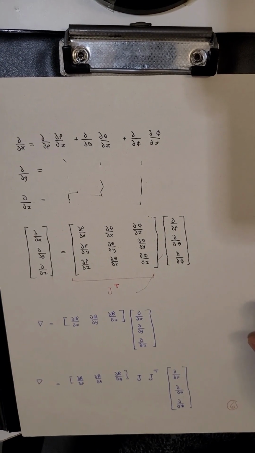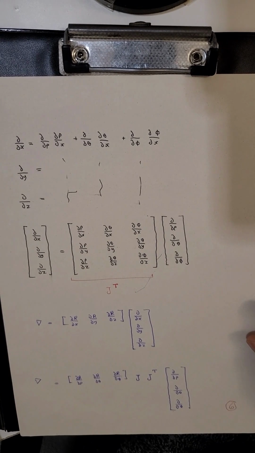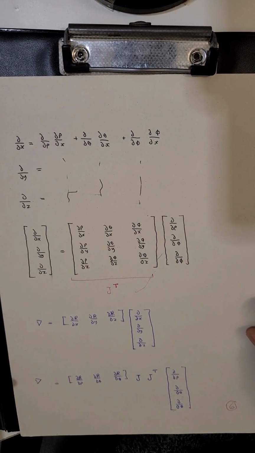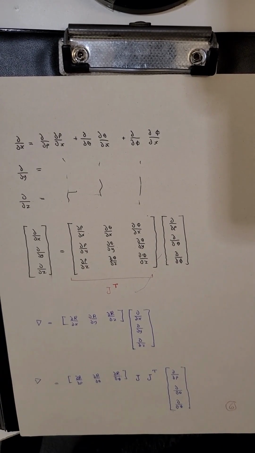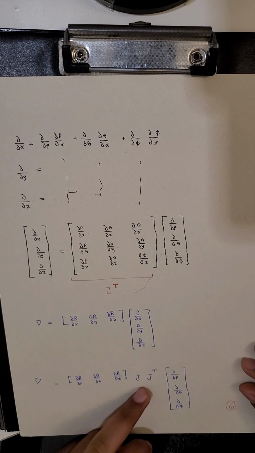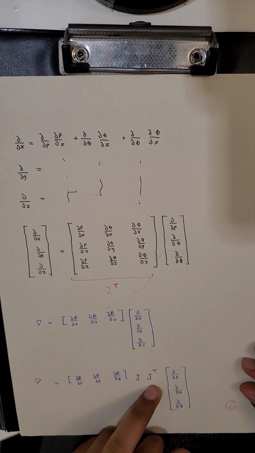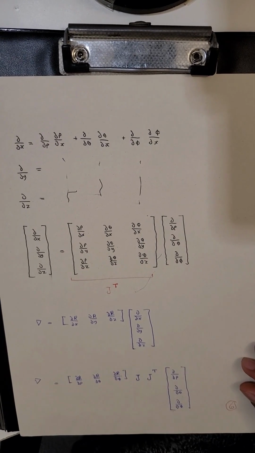The spherical bases that we have defined are orthogonal, and the Cartesian bases are orthogonal. So the transformation between them is an orthogonal matrix. So the inverse of the Jacobian is a Jacobian transpose.